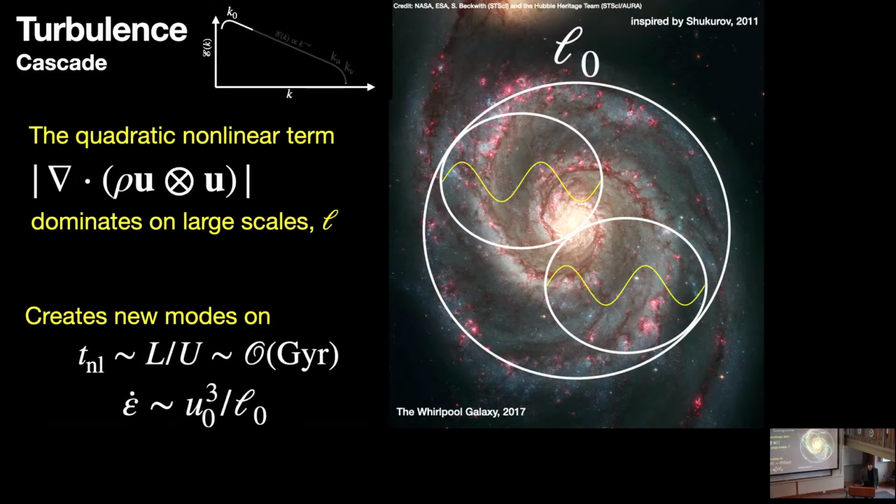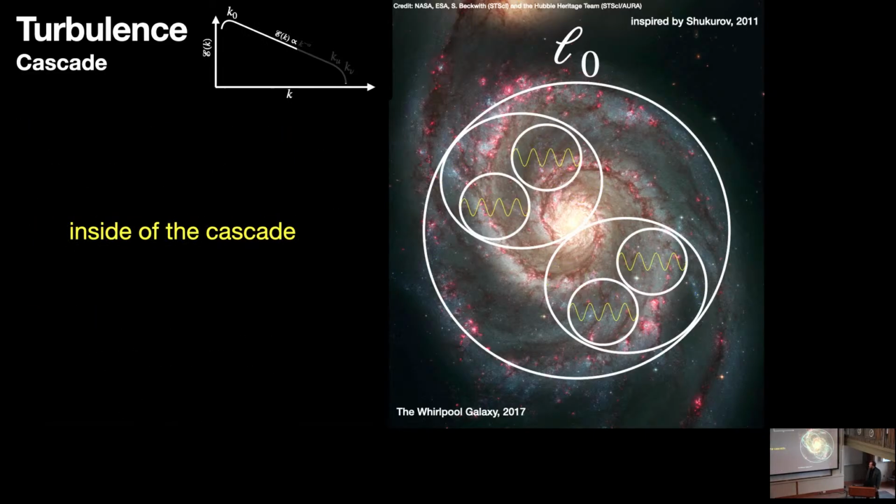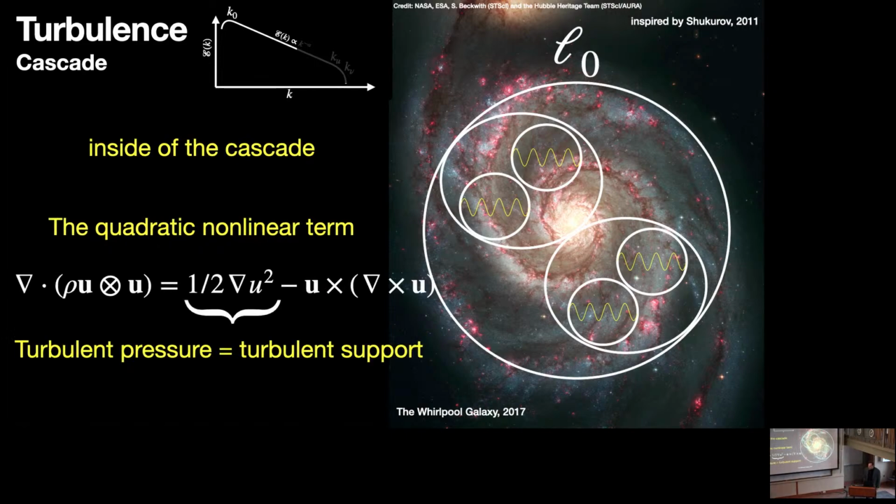You can keep playing these games. It's going to just keep birthing new children wave modes, and this will just keep happening if the nonlinearity is strong. Now there's something else I should point out about this nonlinearity. When you expand it, you just do your year 2 vector calculus class, you can see that this nonlinearity actually contains an isotropic pressure term.